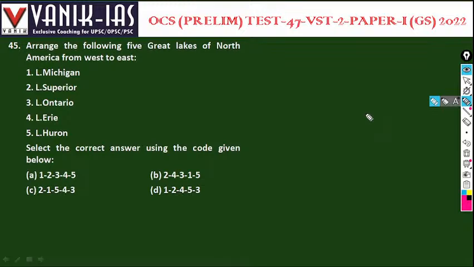Arrange the following five Great Lakes in North America from west to east. West to east. Yes, it is a question from the map, and many times they ask such questions.